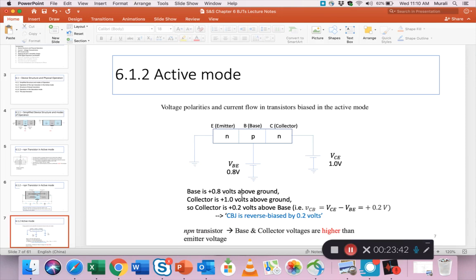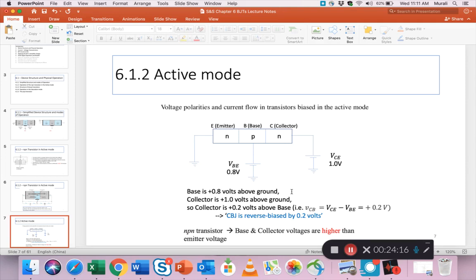A PN junction needs 0.7 volts or slightly greater than 0.7, and then we can safely say yes, it's forward biased. So we've got 0.8, and so the base P is 0.8 volts above ground. So that means it's forward biased.